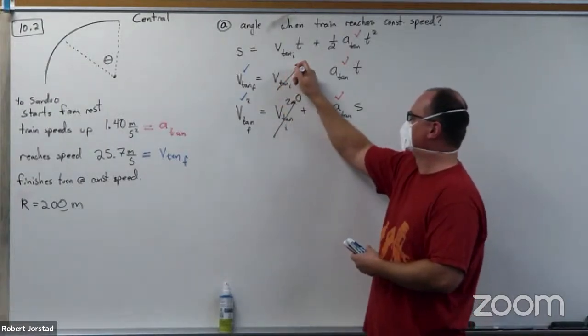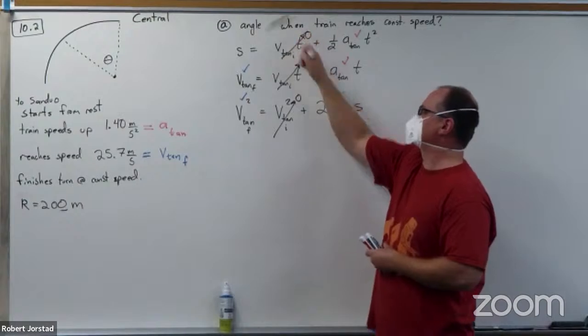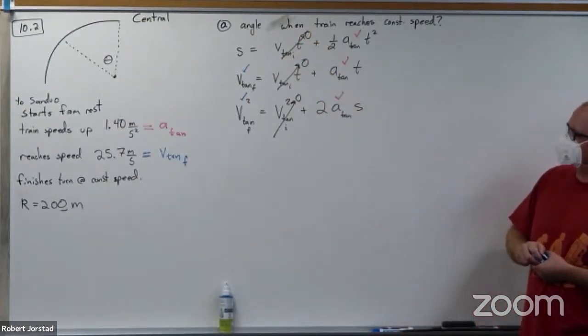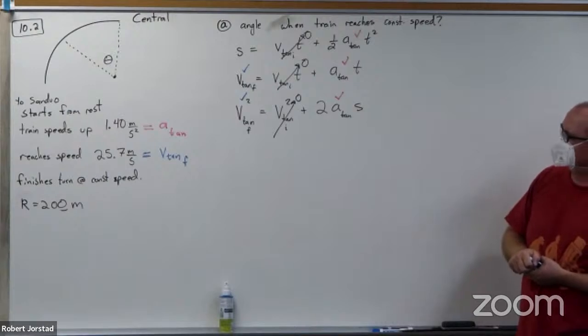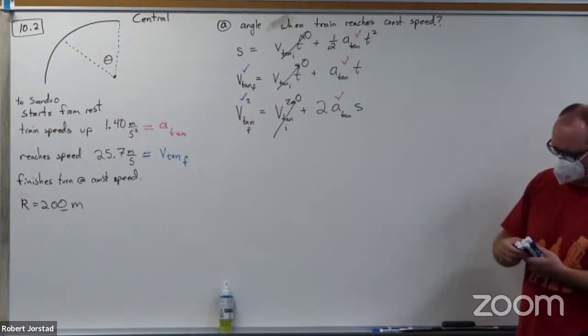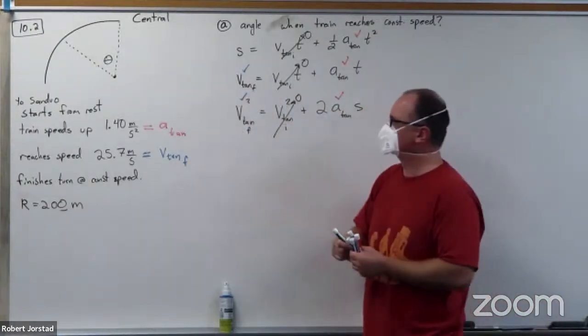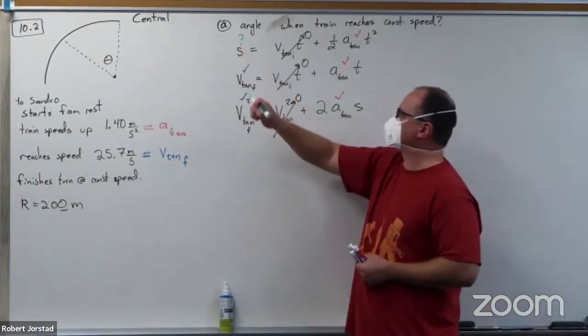0, 0, 0. Which equations are looking pretty good here? Do you know the arc length traveled? Do I know what S is? No, but I could figure it out maybe.